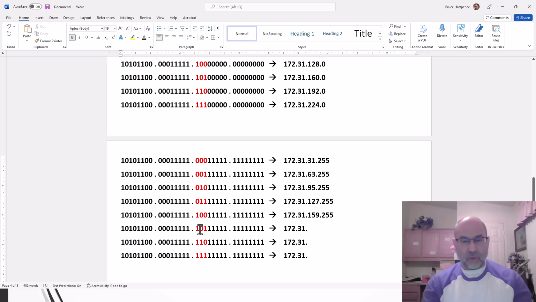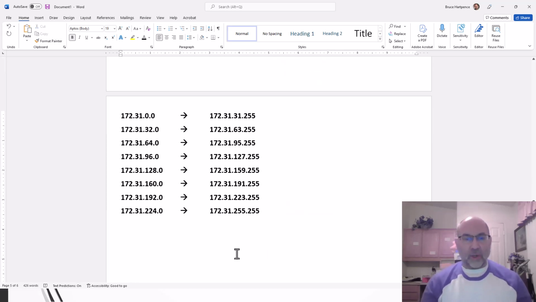And here we have 128 plus 63, or 191.255. This is 192 plus 31, 223.255. And here we have 255.255. This one is easy to check because it should just be one less than the next subnet ID. This one here should be one less than that subnet ID. And this should be one less than that subnet ID.